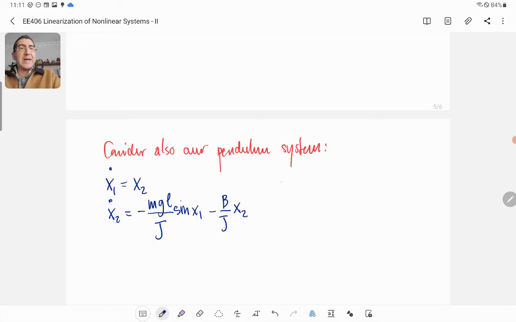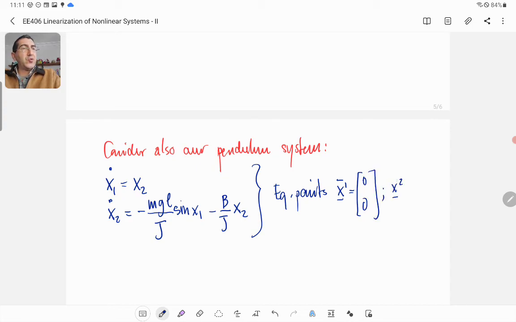Remember that we had two equilibrium points. We had x bar 1 equal to 0, 0, and x bar 2 was equal to pi and 0.